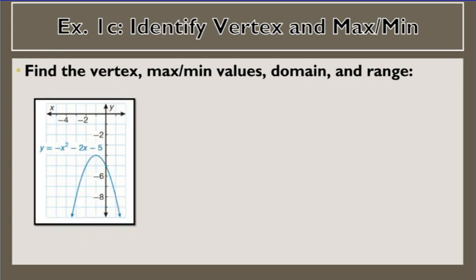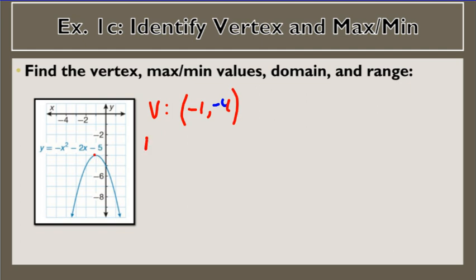Try another one. Here, let's identify our vertex. So our vertex is right there. We have an x value of -1 and a y value of -4.